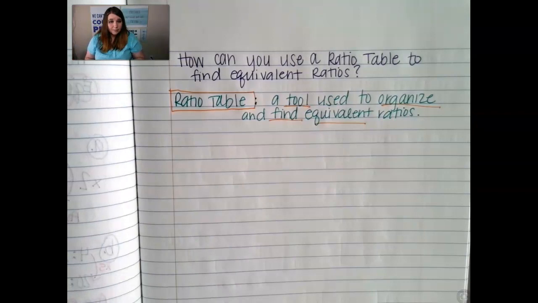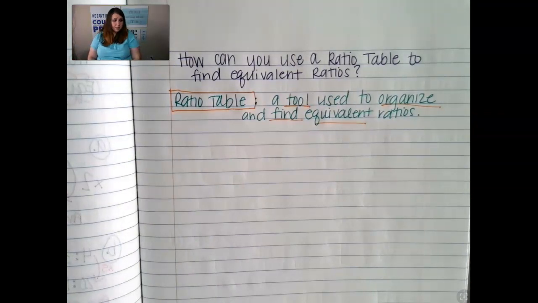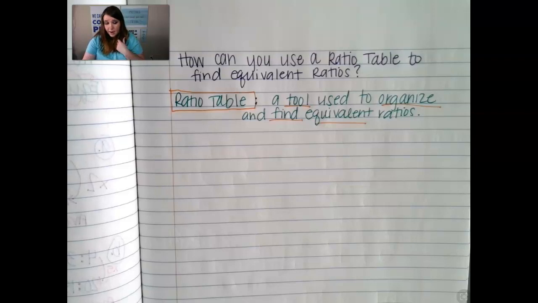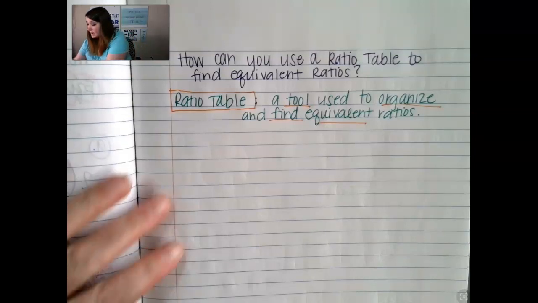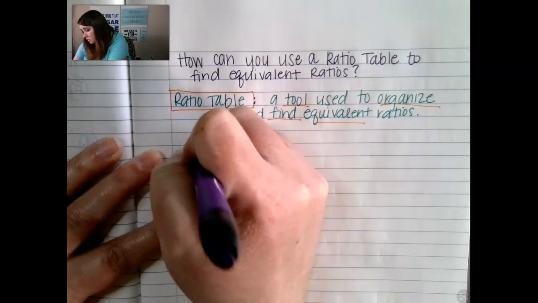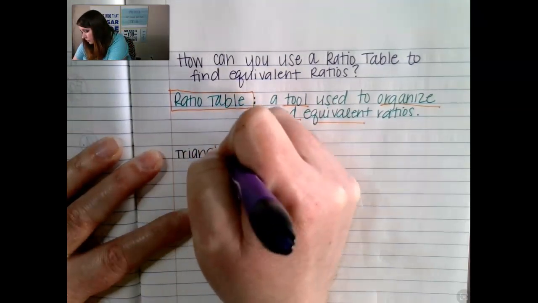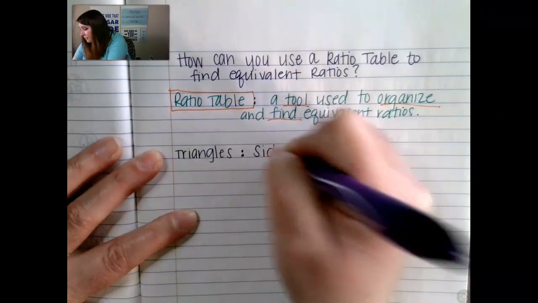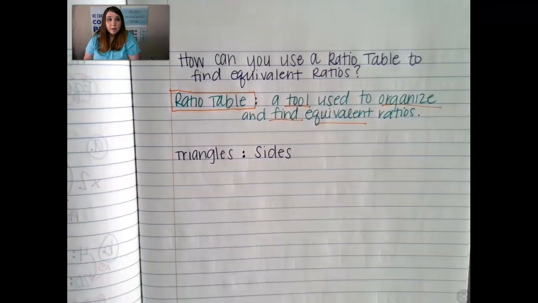All right, so let's go ahead and look at what we're talking about here. So let's talk about triangles and sides. Let's say that I have a ratio, and in my ratio I am going to compare triangles to sides. That's what I'm comparing.